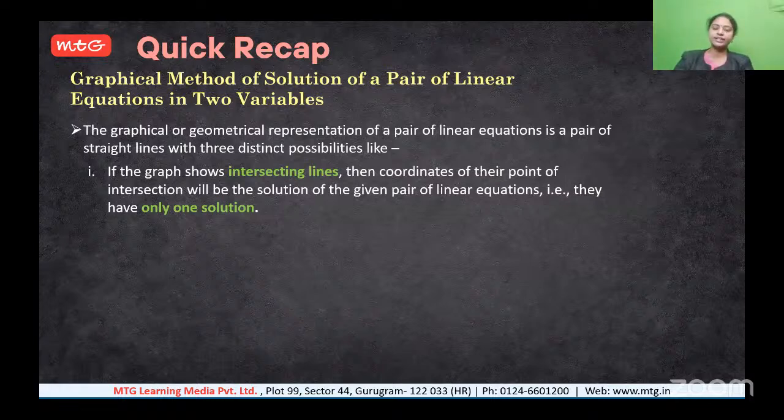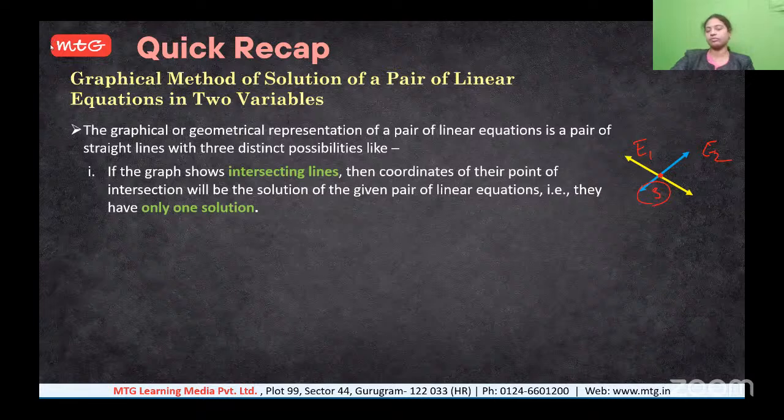Once two lines are intersecting like this, the point where the intersection happens is said to be the solution of these two equations. This is the equation 1 graph and this is the equation 2 graph. Both graphs are meeting at this point, so this will be the solution of these equations. And there will be only one solution. Why? Because when two lines intersect, they intersect only at one point. So they have only one solution.